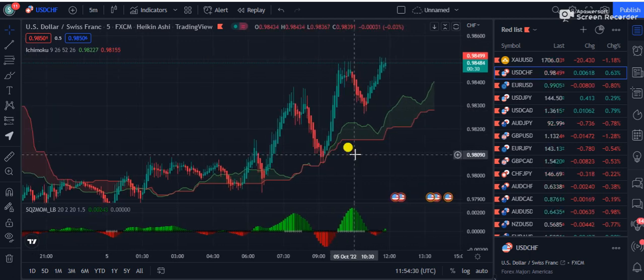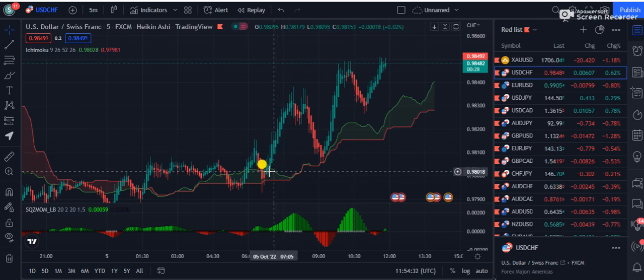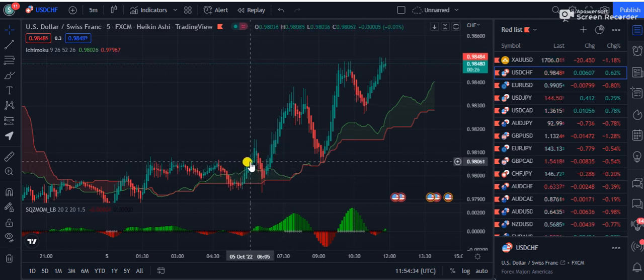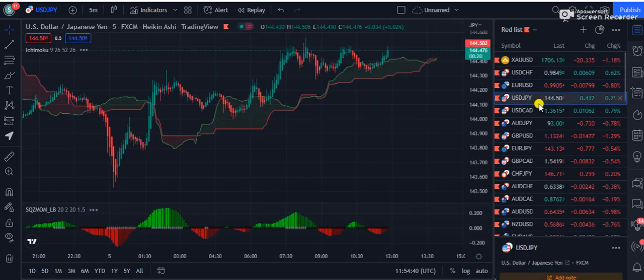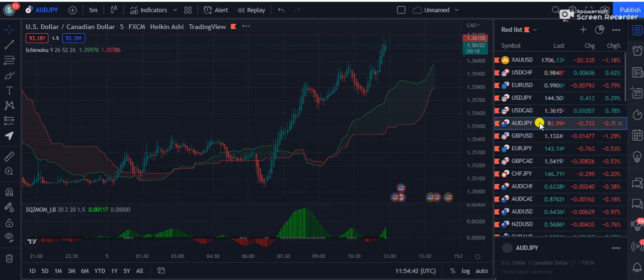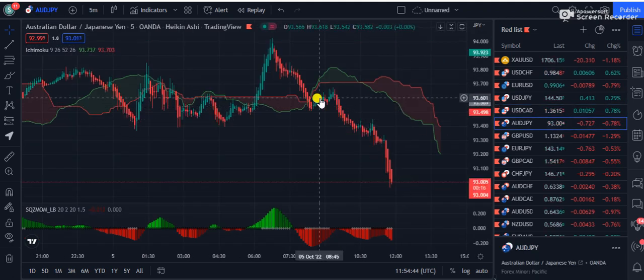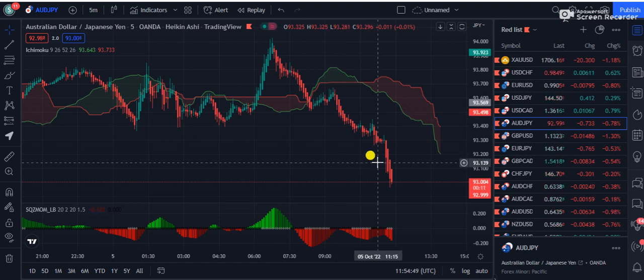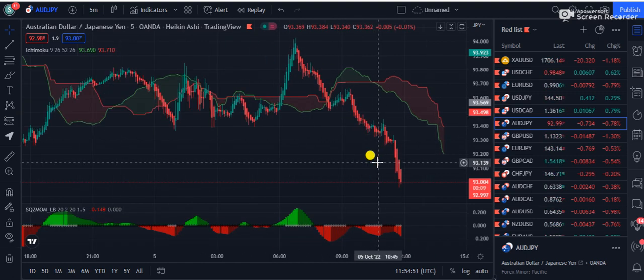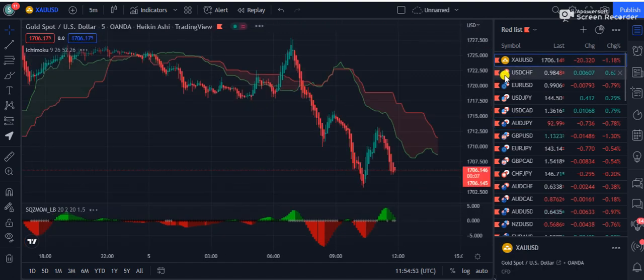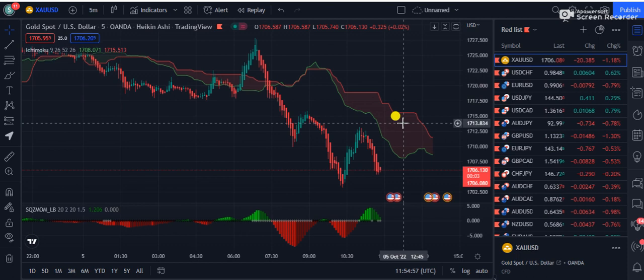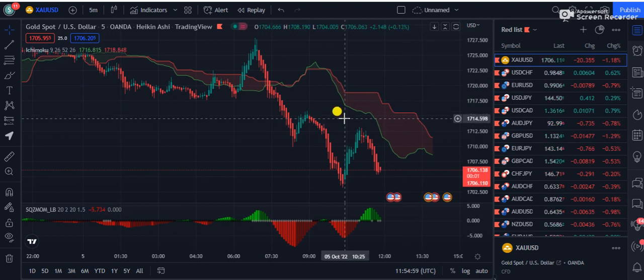Just keep in mind that if the candles are above the cloud, this is the uptrend, and when the candles are below the cloud, it is a downtrend. Look at AUDJPY. We are below the cloud, which means we are in a downward trend. That's as simple as it is, and you can use any time frame. This is not a time frame dependent strategy.